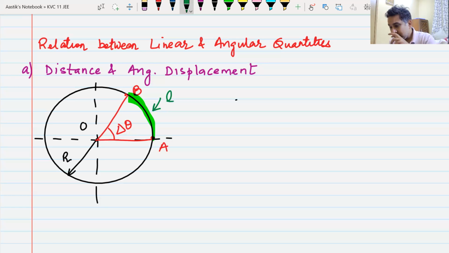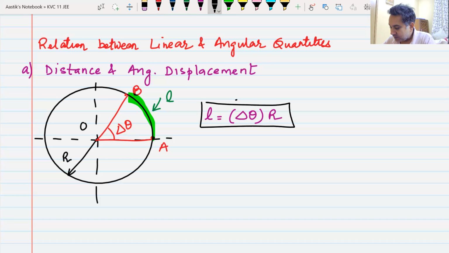We can relate the length of the arc with the angle and radius. Anyone knows the relation between length of the arc, radius and angle? Length of the arc L will be the angle, delta theta, multiplied by R. This becomes the relation between length or distance and angular displacement.